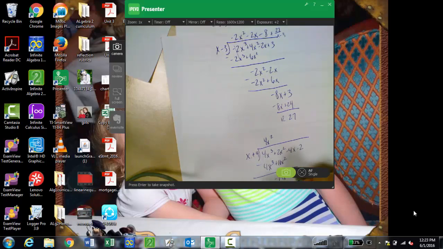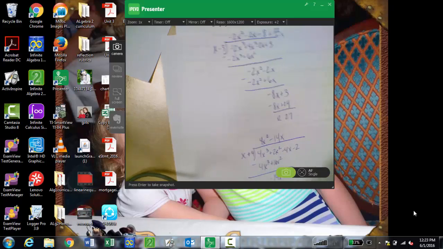Bring down the negative 4x. X goes in there, negative 14x times. It gives me negative 14x squared minus 56x. Again, we subtract, which is 52x. Bring down the negative 2.